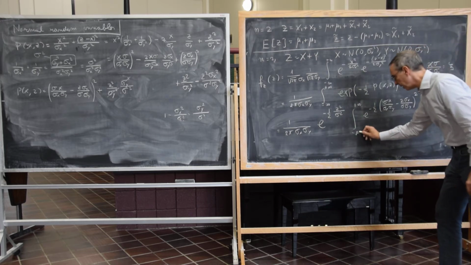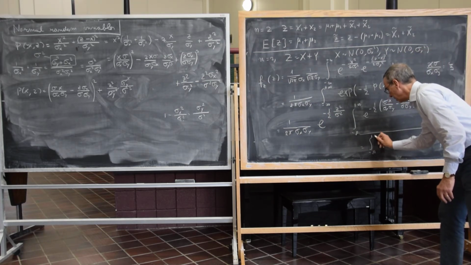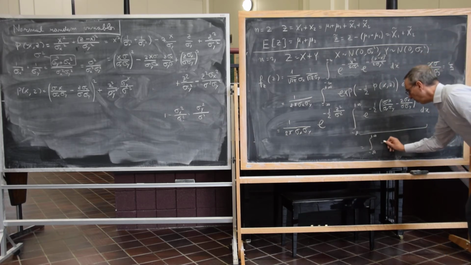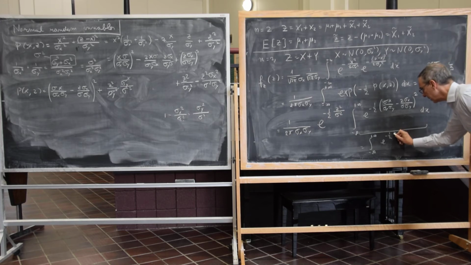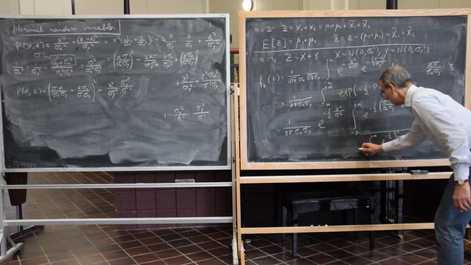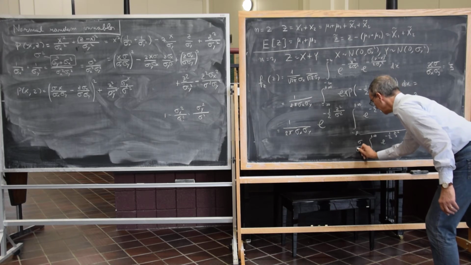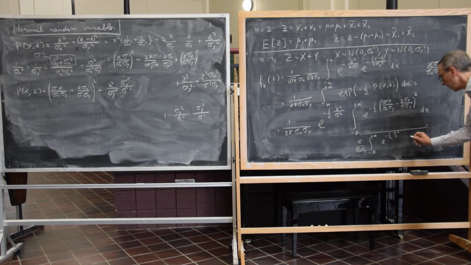So this integral here becomes the integral from minus infinity to plus infinity of e to the minus 1/2. This doesn't matter. You have a psi squared, and then this dx becomes, big psi.